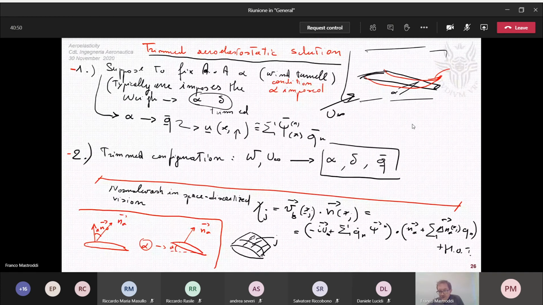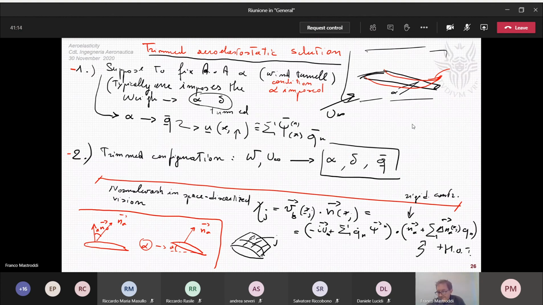And we have the rotated normal because of a rigid rotation for the angle of attack, plus the deformation on the normal. Here is the rigid contribution, and this here is the elastic.